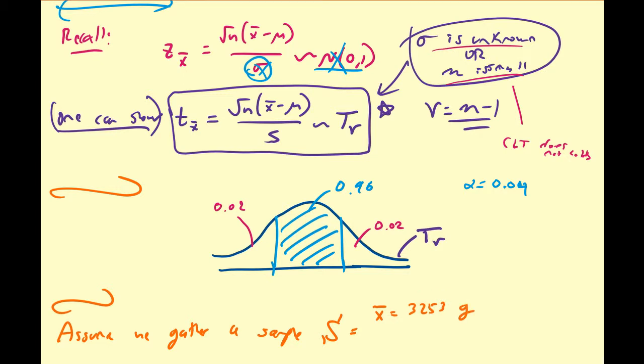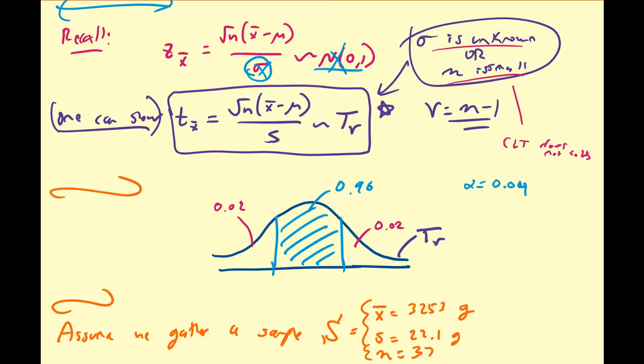Let us assume the standard deviation of that sample is 22.1 grams. And also let us assume that the sample size is equal to 37. So you go out and get a sample of 37 children, you measure their weight, and you calculate the mean and standard deviation for the sample.